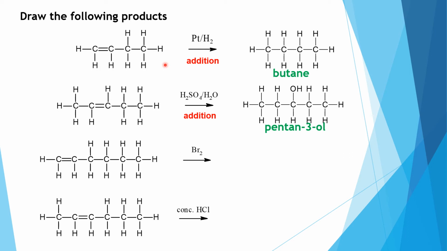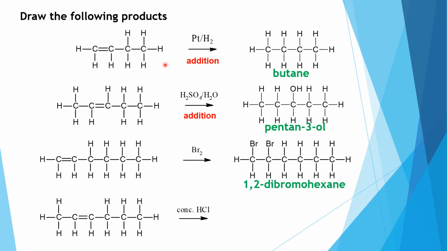The third one, we're adding bromine. So that's right, Br2, you're going to add a Br to either side where the double bond was, and you're going to get 1,2-dibromohexane. The last one, we're adding concentrated hydrochloric acid. Sometimes you'll see in some study guides that they'll just say hydrochloric acid. Guess what?